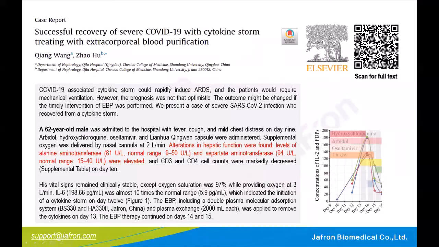And the last publication of it was of the COVID-19, and quite interesting is using the DPMAS.